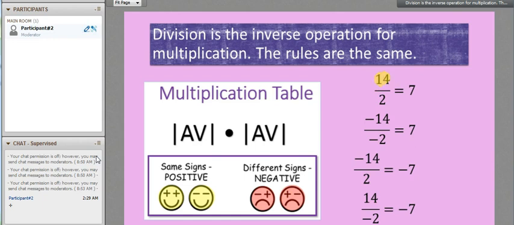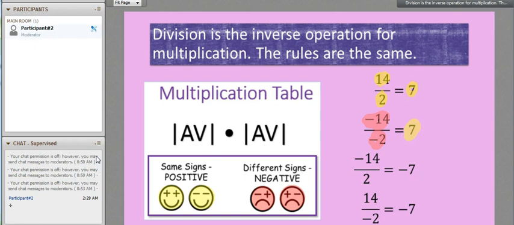We look to see, is it positive? A positive divided by a positive is a positive. A negative divided by a negative. Same sign. That smiley, serene face is positive. Okay.